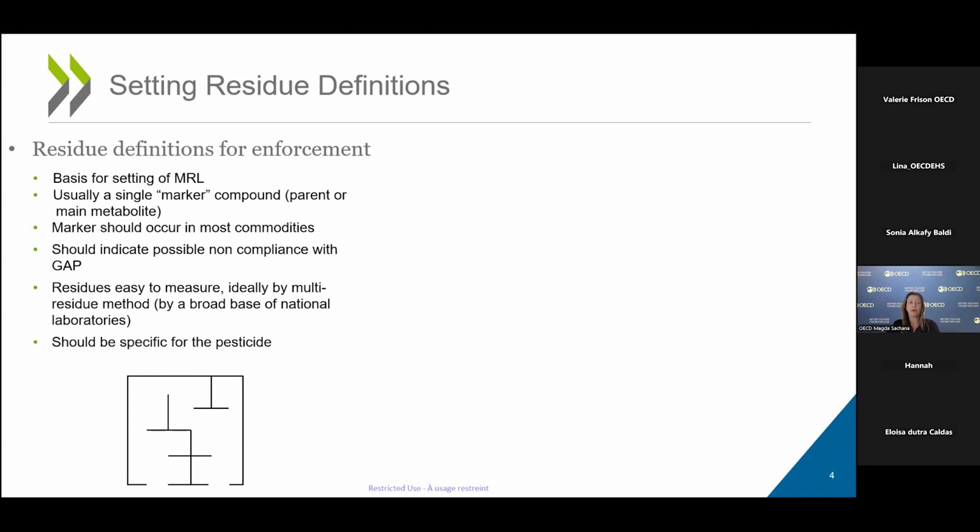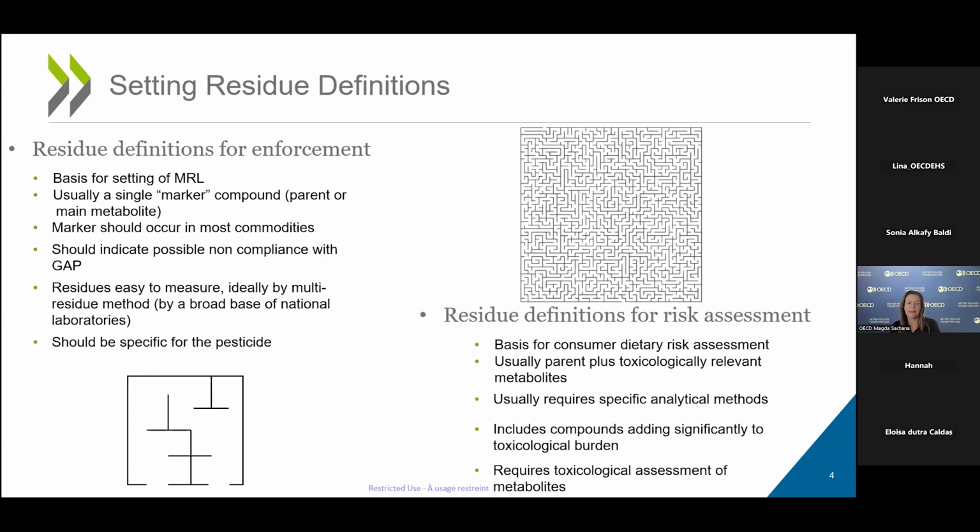Another request to have a good marker is that it is measurable, and ideally easily measurable for national laboratories, because these are the ones who will be monitoring the levels of the residues. And as a final requirement, it is specific to the pesticide, so it cannot be a generic marker that is potentially relevant to other pesticides.